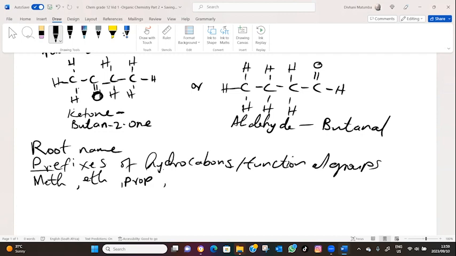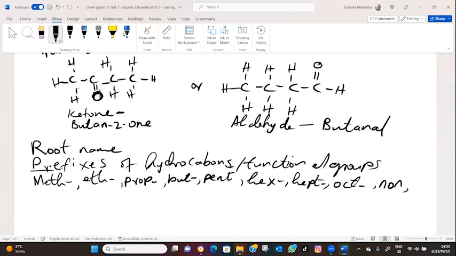Number 4, but. Number 5, pent. Pent means 5. Number 6, hex, 7, hept, 8, oct, 9, non, 10 is dec.